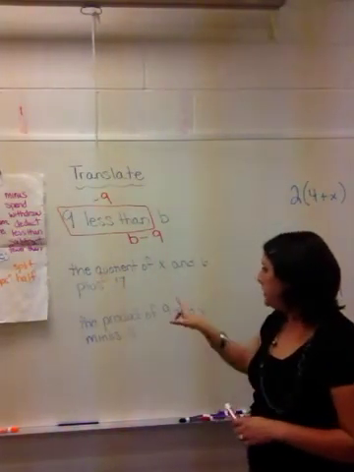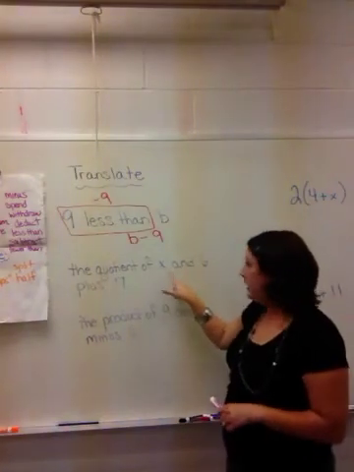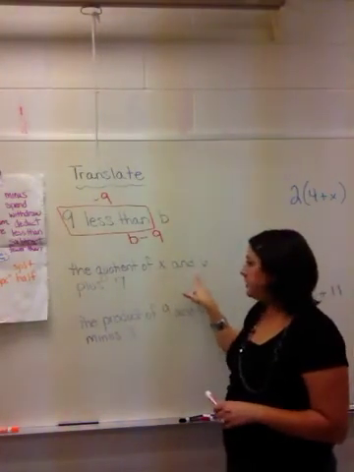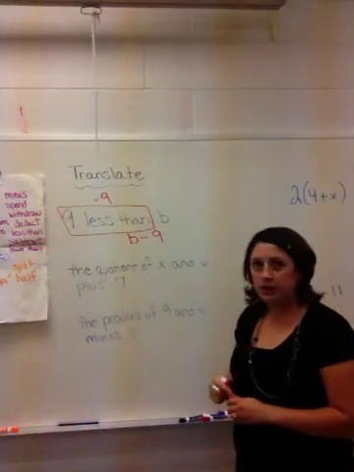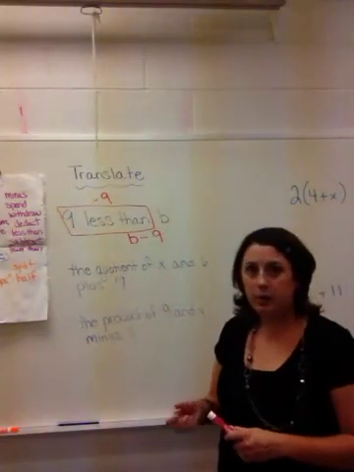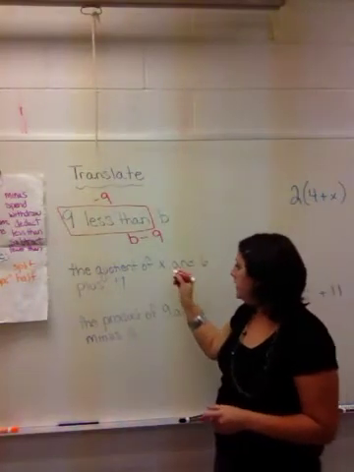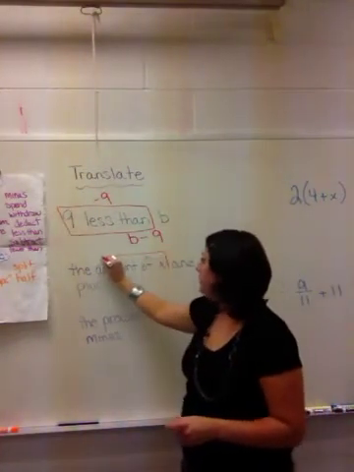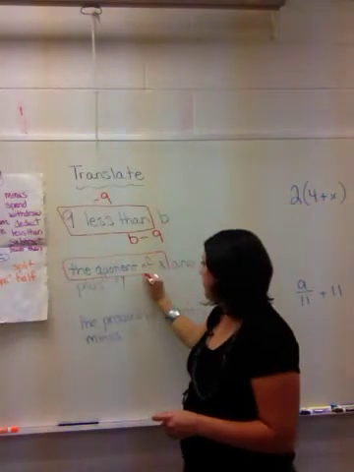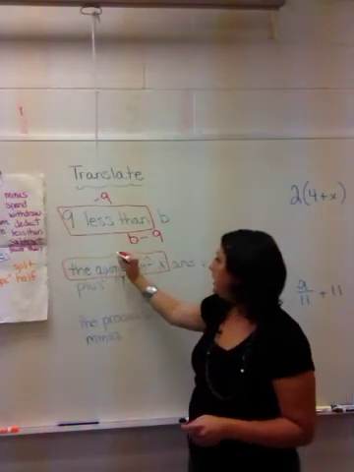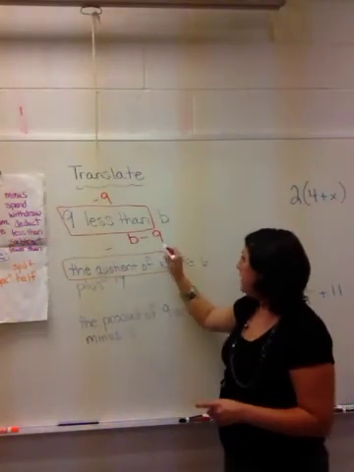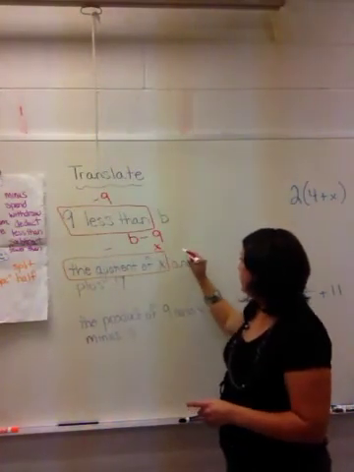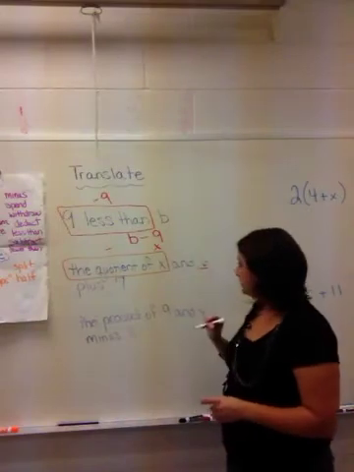The quotient of x and 6 plus 7. So that gets a little bit longer. We're looking at an expression that has more than one step. So let's take it step by step. We have the quotient. Well, what does a quotient mean? It means divide. The quotient of x and 6.